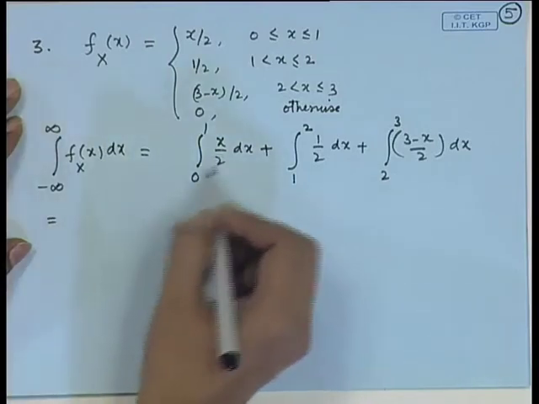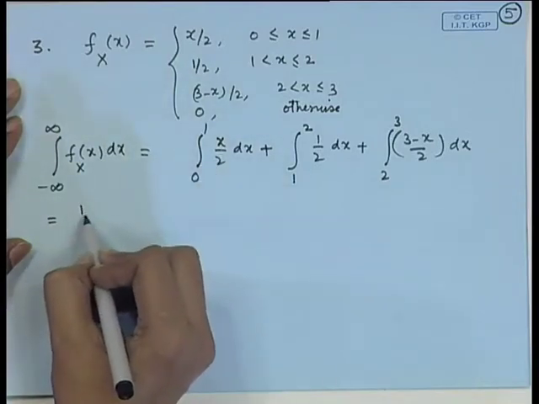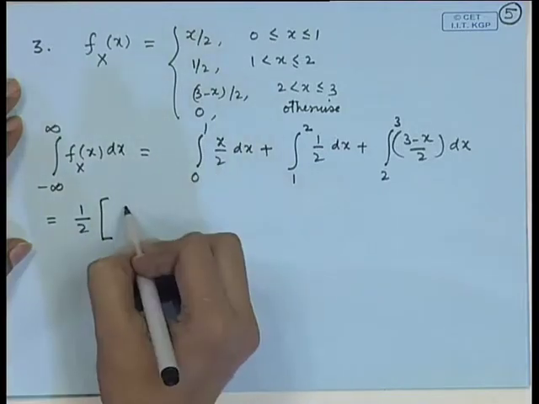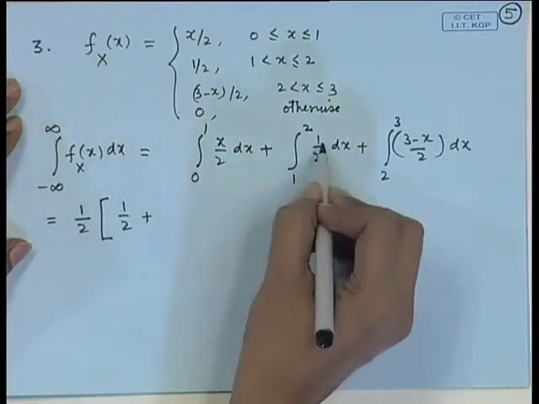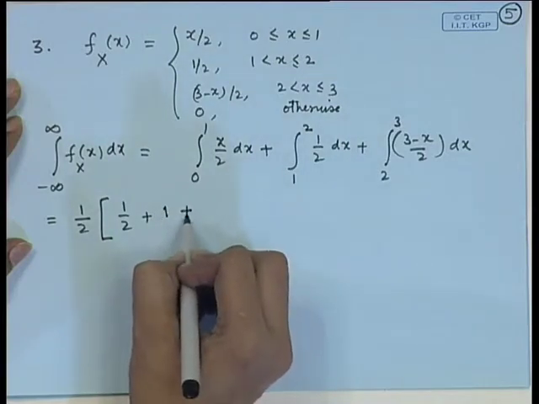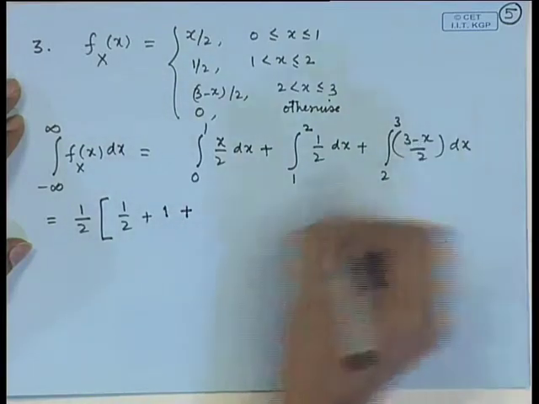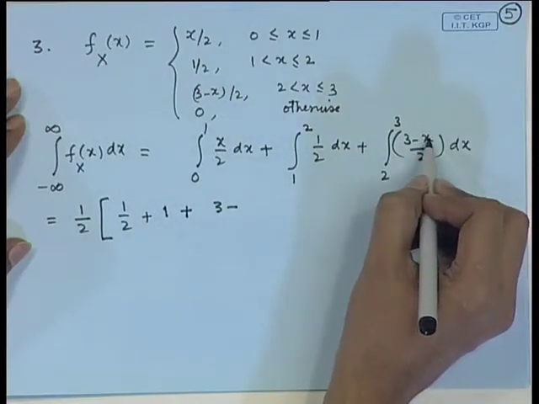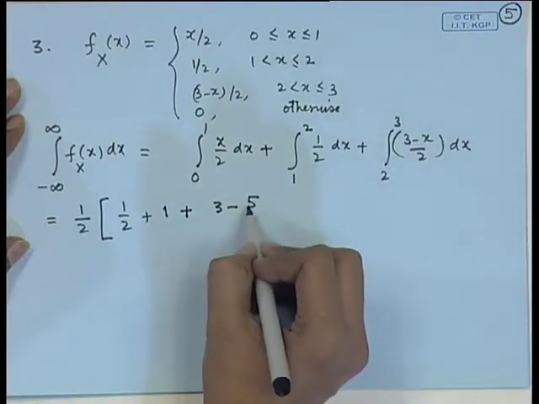If you integrate each of these terms, half can be kept outside, then you will get half plus 1 plus, here, 3x minus x square by 2. So, it becomes 9 minus 4, that is 5 by 2.